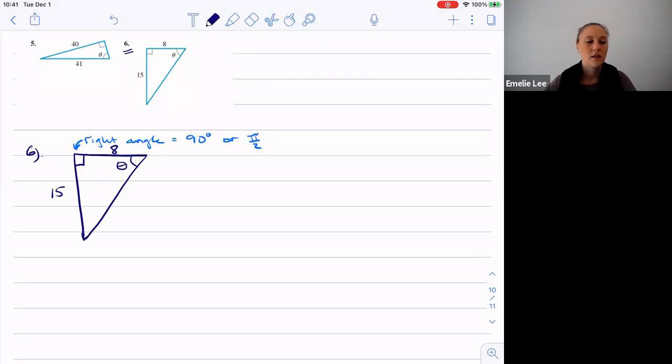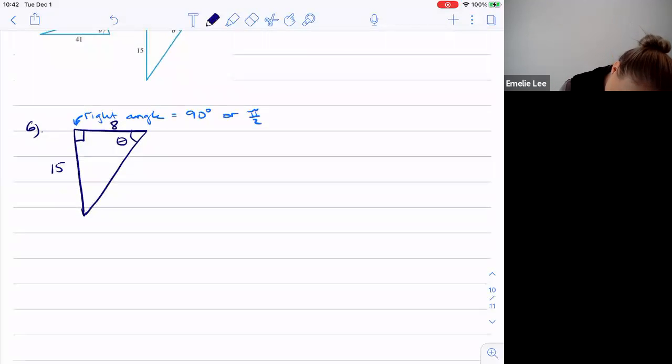We use the Pythagorean theorem: a squared plus b squared equals c squared, where c is the hypotenuse.